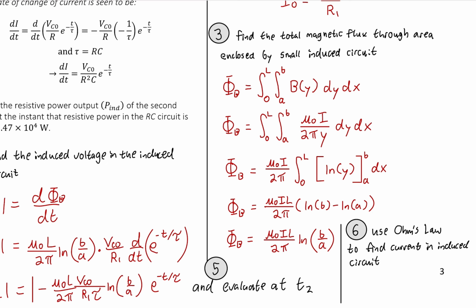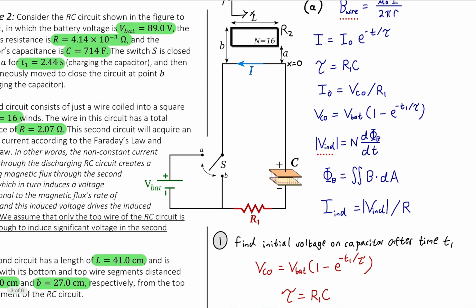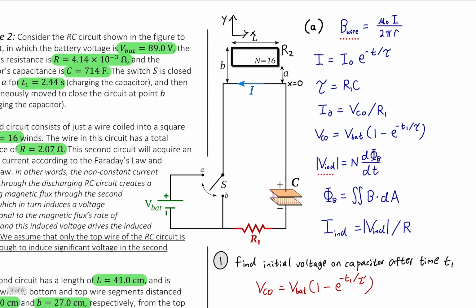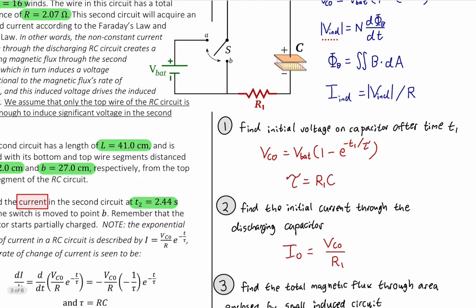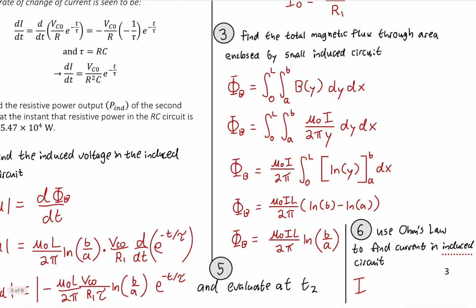That's just going to be our I, and I just call it I induced, and then V induced over R. I realize I never closed my absolute value brackets.